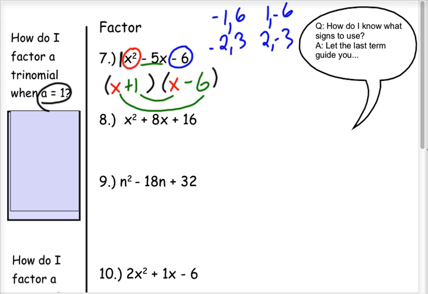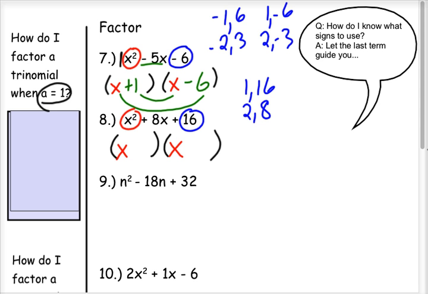So building the next one. Again, when we're dealing with quadratic trinomials, we're going to start with our parentheses. And now I'm going to analyze that x squared. Well, that comes from x and x. That 16 comes from 1 and 16, 2 and 8, 4 and 4.